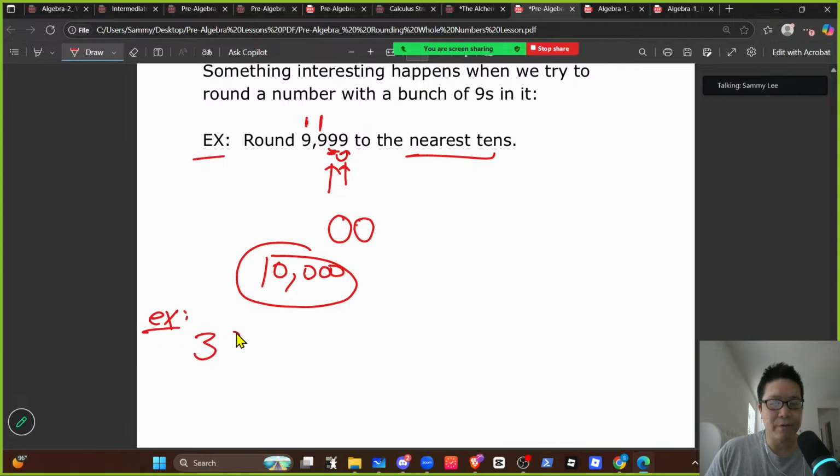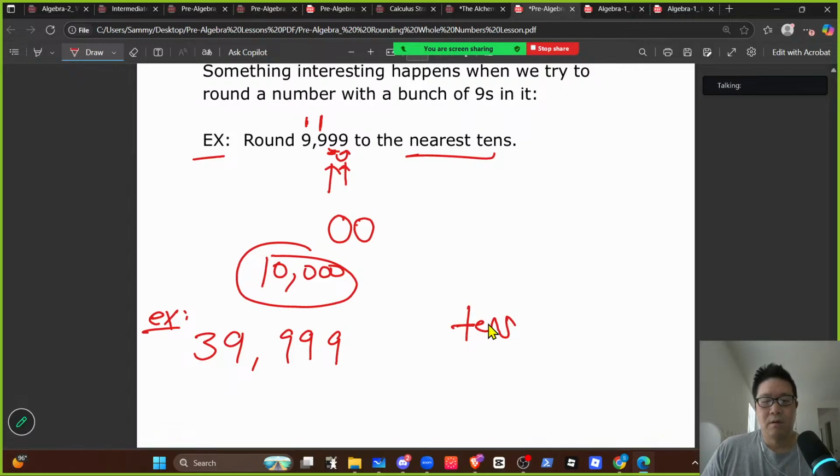We have 39,999, and I told you to round this to the tens place. What would happen? The tens place will be 9, so on the right will be the other 9. Okay, so what's the answer? What would the number get rounded up to? 40,000.